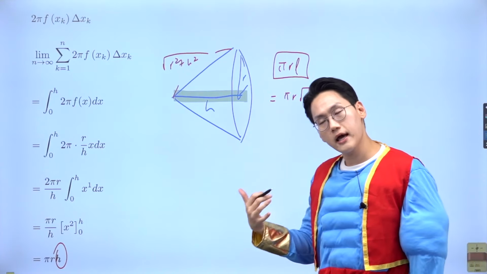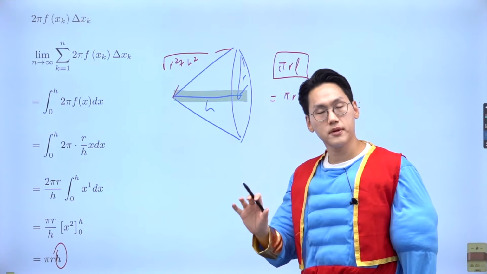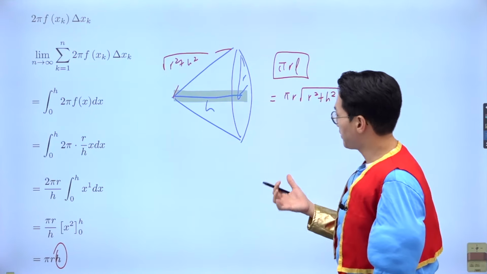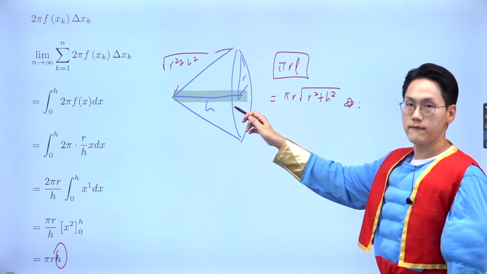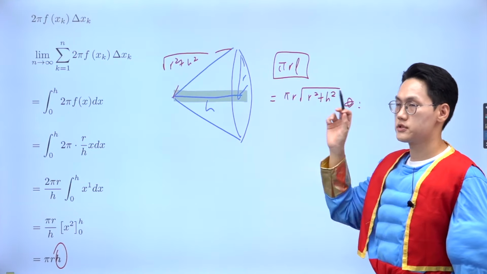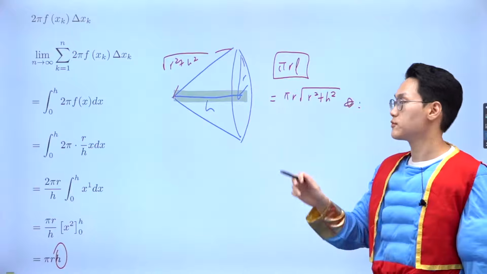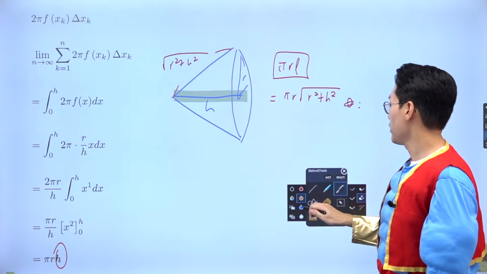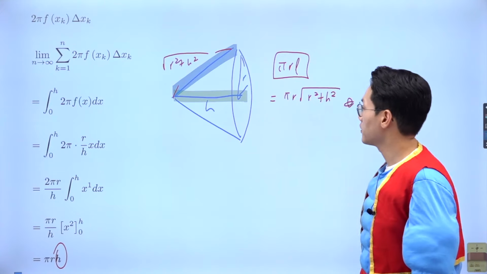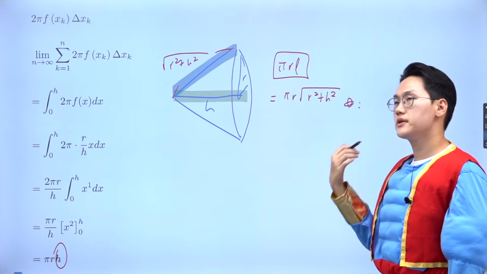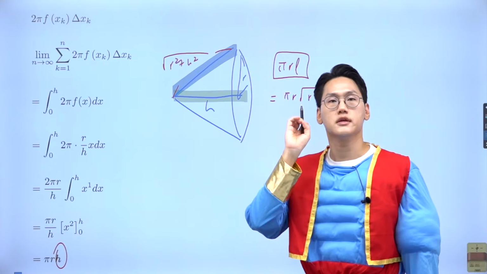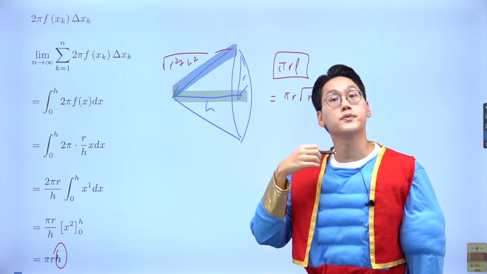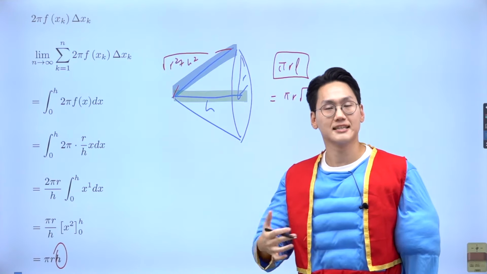But knowing that the slanted height is going to play a crucial role for the surface area, I know that I cannot depend on the x only, because whatever the expression of the small line segment you get along the x-axis, it will converge to the h, instead of the slanted height, such as the square root of r squared plus h squared, okay? So that realization is going to play the key role in you noticing the incorrect step of deriving a formula that you might not have learned, for your potential internal assessment or extended essay topic.